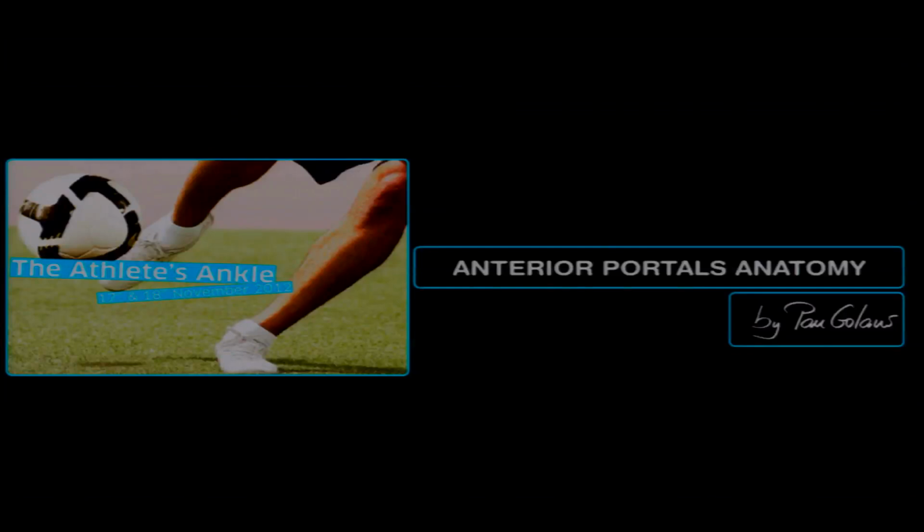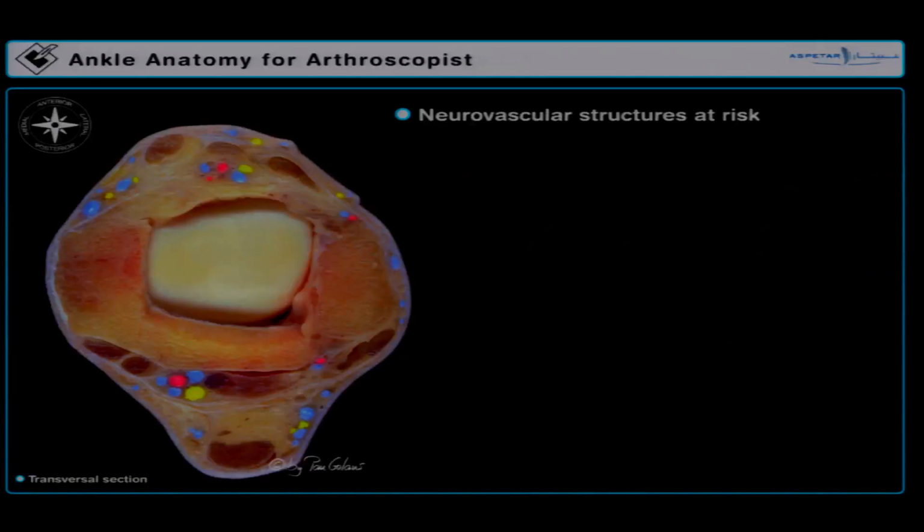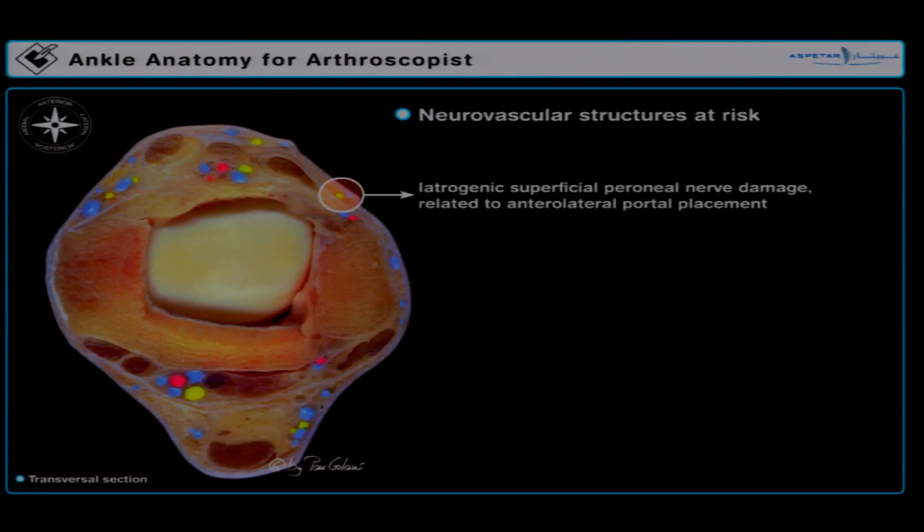Some comments in relation to anterior portals anatomy. Many anatomical structures are at risk during portal performing. Especially, the most important is the superficial peroneal nerve related to the anterolateral portal.